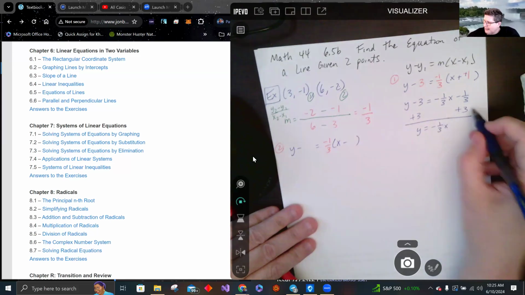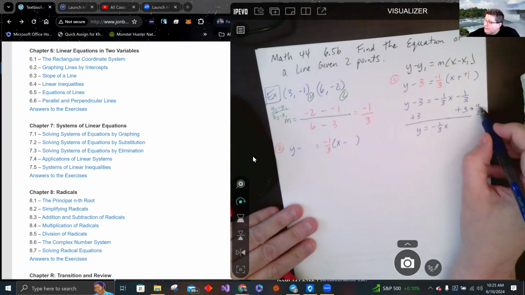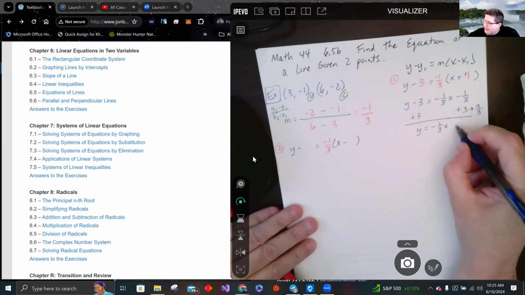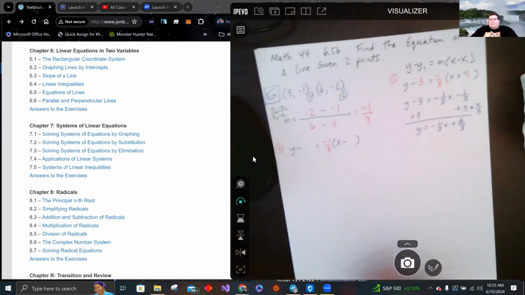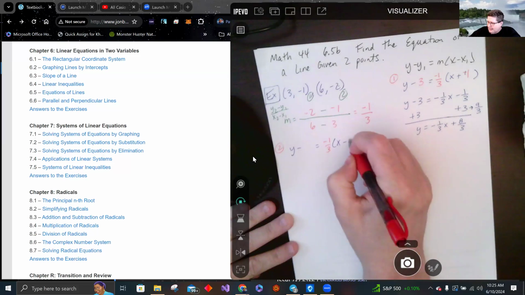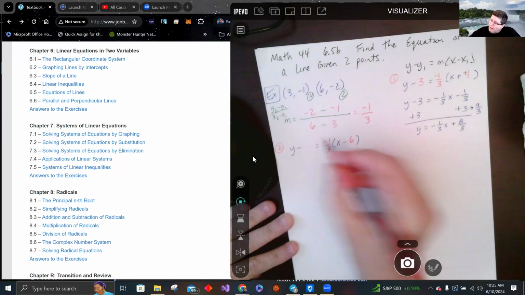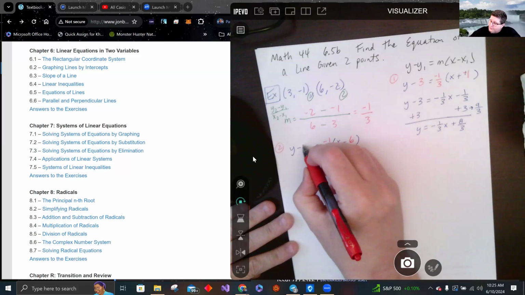3 is really 9/3 if we get a common denominator. So -1/3 and 9/3 is 8/3 thirds. All right, so that's using point 1. Using point 2, x is 6 and y is -2.